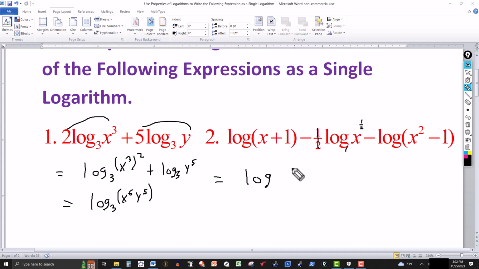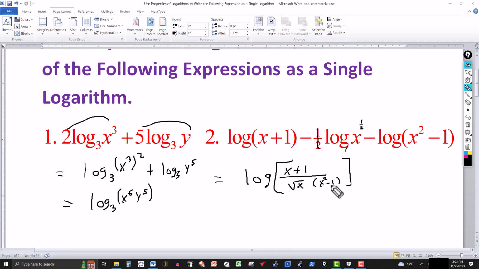So in the numerator I'm going to have x plus 1, because I have a minus here. That goes to the denominator. Instead of x to the 1/2, I'm just going to write the square root of x here. Then here I have another minus, so that tells me I divide here. That goes to the denominator, so this will be x squared minus 1. And it's the log of this whole thing here.